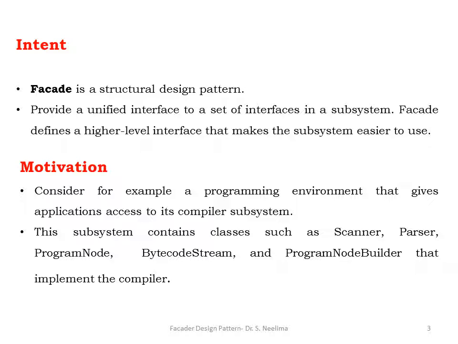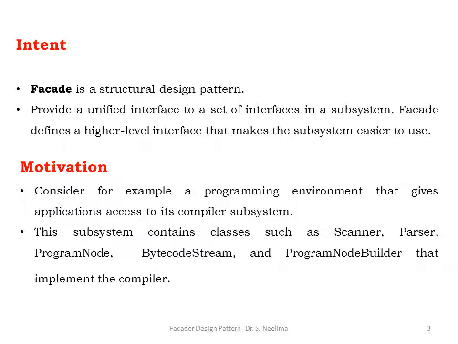Structuring a system into subsystems helps reduce complexity. A common design goal is to minimize the communication and dependencies between subsystems. One way to achieve this goal is to introduce a facade object that provides a single, simplified interface to the more general facilities of a subsystem.